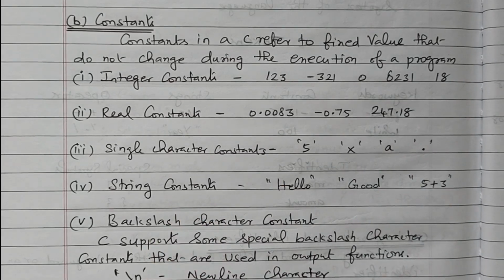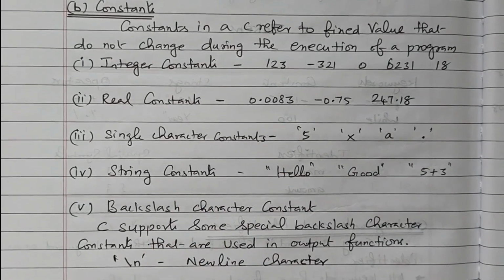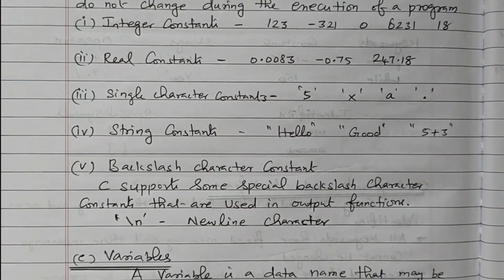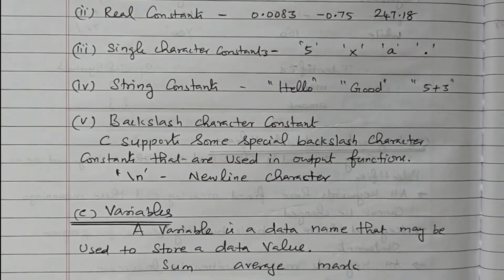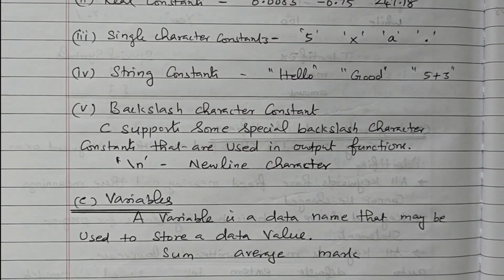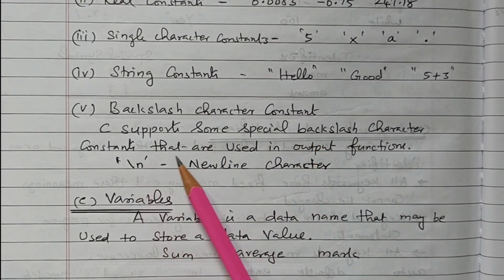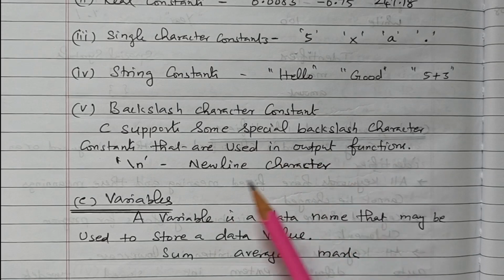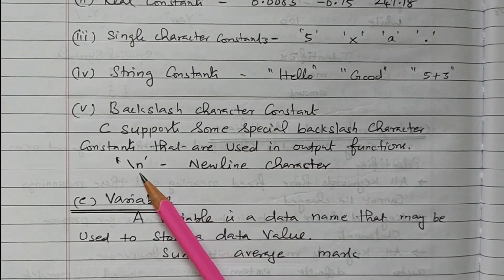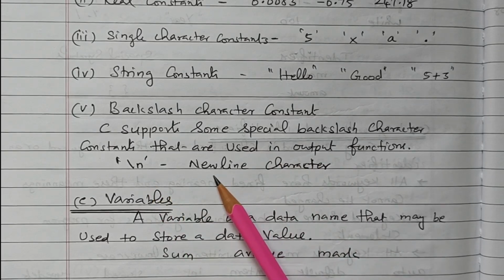Right. So apart from that, what remains is the backslash character constant. C supports some special backslash character constants that can be used in the output function. \n means new line. Similarly, we have \t, which means a tab.